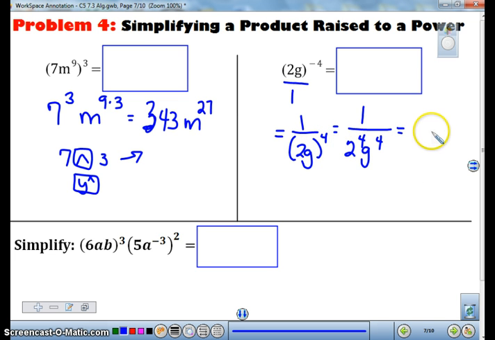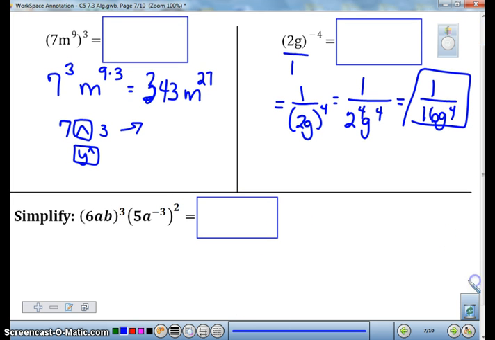We now put maybe in our calculator, or we're going to multiply. 1 over 16g to the 4th is our solution. No negative exponents in our simplified answer. Please try this next one and pause the video.